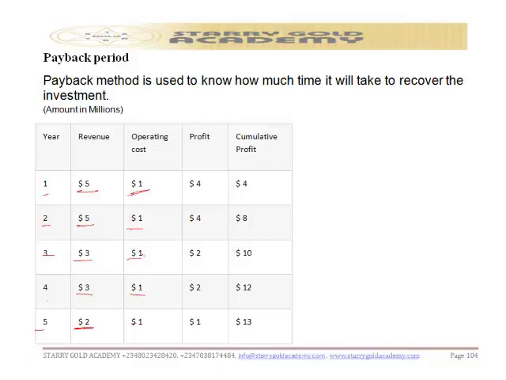Now, what is the profit? Let's find out the profit first. The profit in the first year is $4 million. In the second year is another $4 million. In the third year, it has reduced to $2 million, that is $3 million revenue minus $1 million operating cost, giving us $2 million.